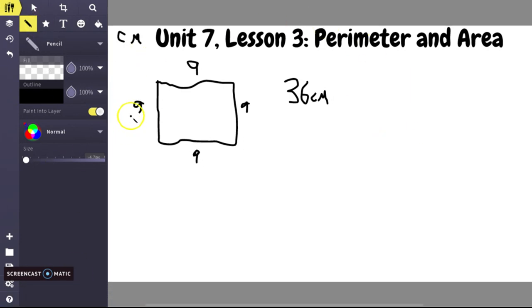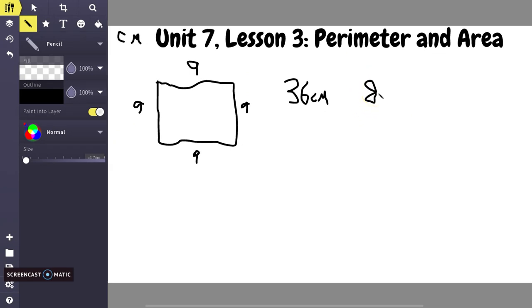So let's just take one side, 9, square it. That's 81. But anyways, 9 times 9 is 81, so it's the same thing anyways. But you can say centimeters squared this time because it's area. That's how you do it for squares.